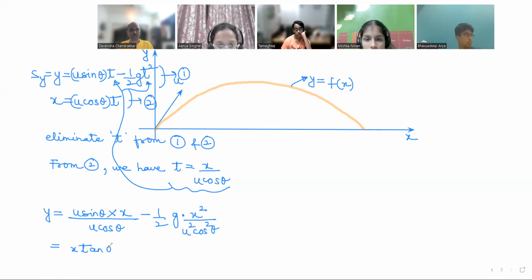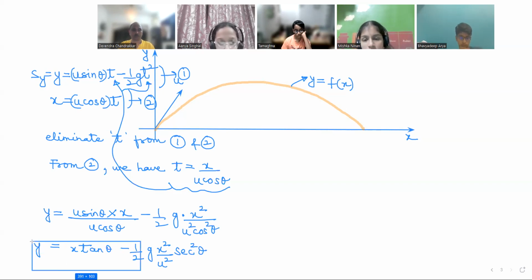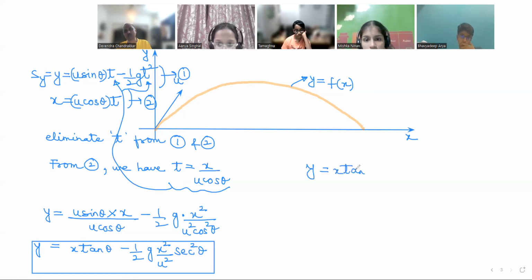So it is x tan theta minus half g x square upon u square sec square theta. This is y. 1 upon cos theta is sec theta. You are all aware of it. This is the equation of trajectory. Y is x tan theta minus half g x square sec square theta upon u square.